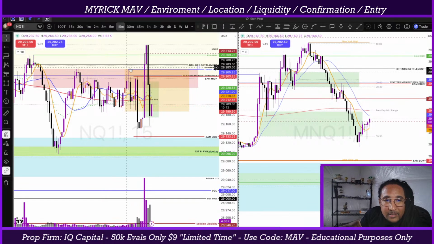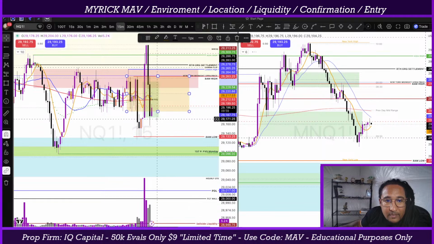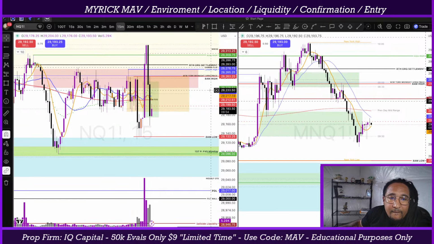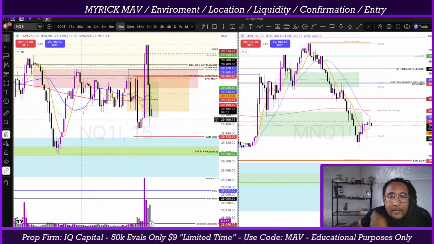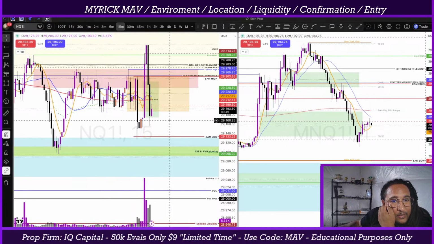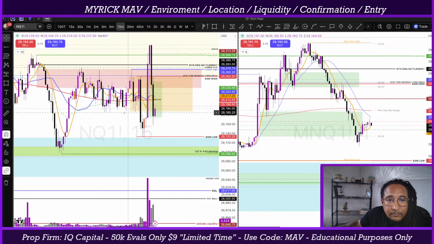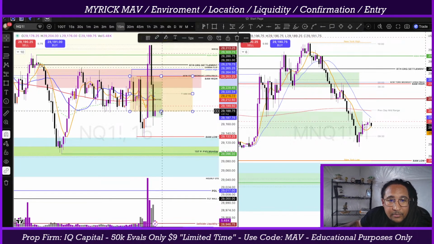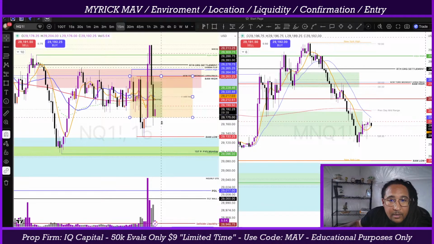But inside this box is just a little bit too much. If we get a body close above here, then we start to see higher prices, or if we get some body closures below here, lower. That's what I'd want to see.